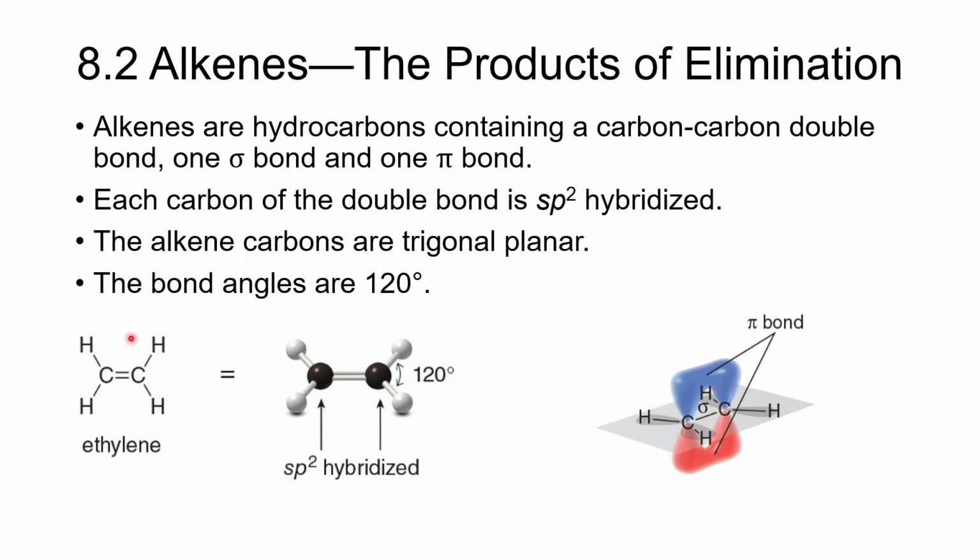And then the bond angles come out to approximately 120 degrees, which is typical of sp2. Now, they may be slightly different if you have different substituents, but 120 is pretty darn close.